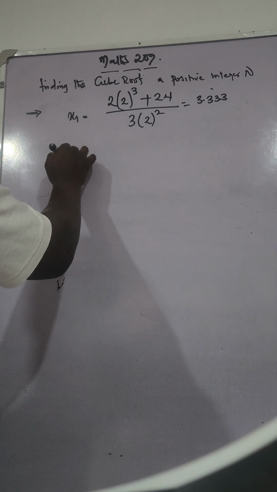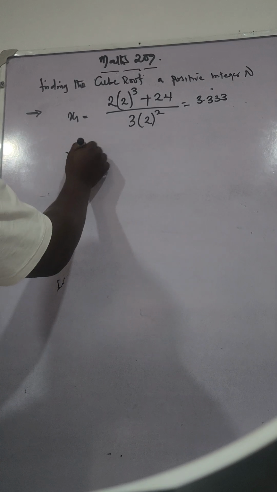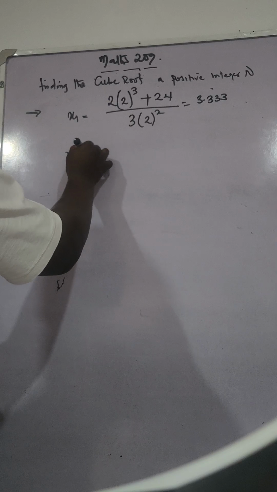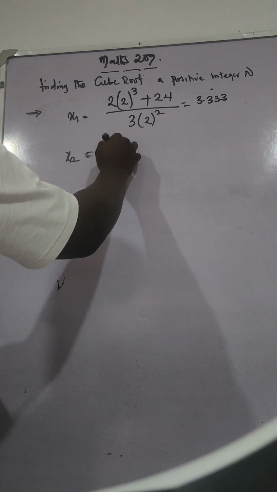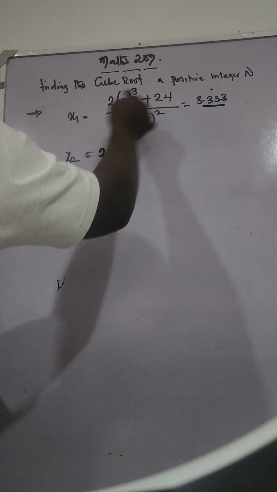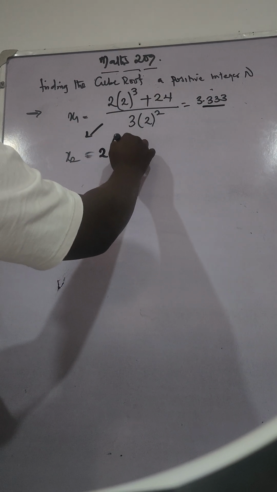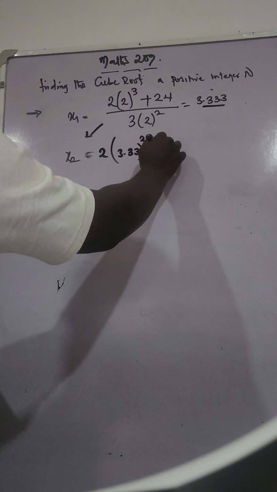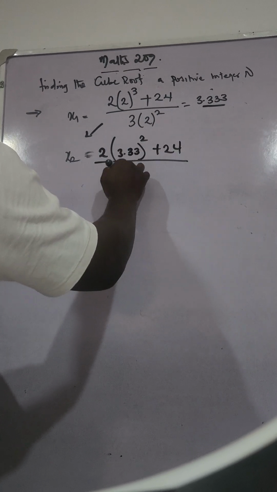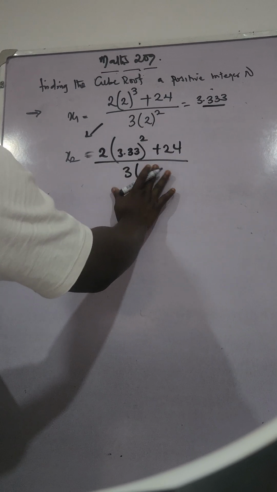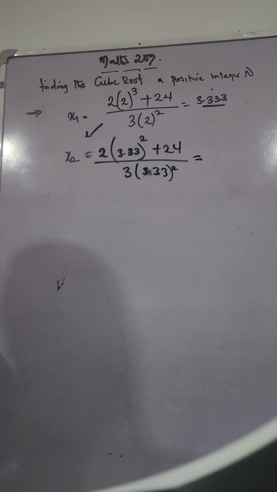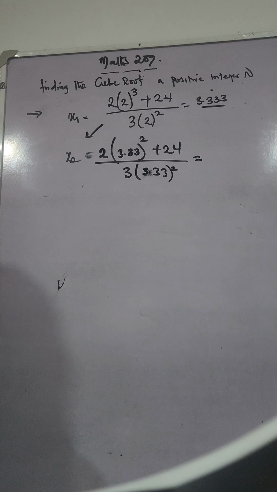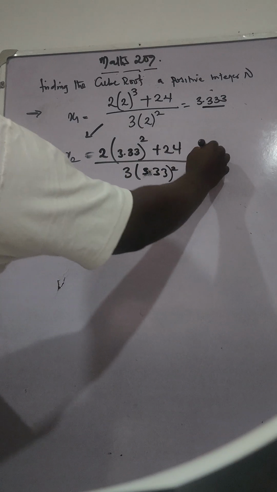So x2 will be 2 into bracket 3.333, so the previous answer is what we are putting in here, all squared, plus 24 over 3 into bracket 3.33 all squared. So what you're going to be having is, you calculate, answer 2.92942.